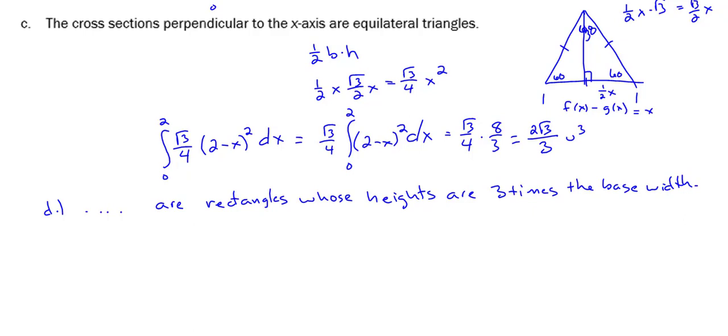If they ask us to find the area of rectangles, they have to tell us what the height is. Sometimes they'll give us a constant for the height, which turns out to be a pretty easy problem. Area of a rectangle is base times height, and the base is the distance between the two curves times the constant height. Move that constant out in front, boom, that antiderivative is pretty easy. But here they say the height equals 3 times the base.